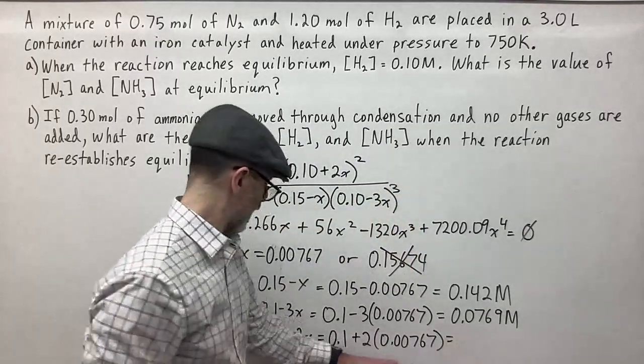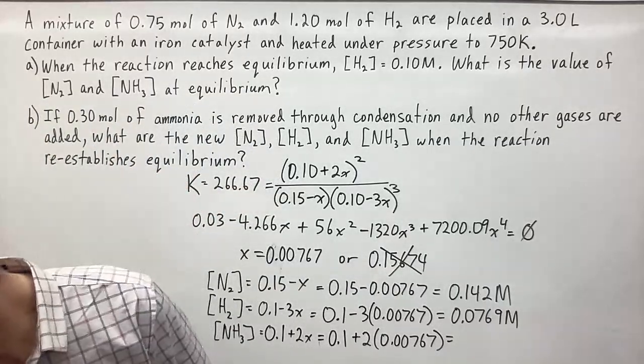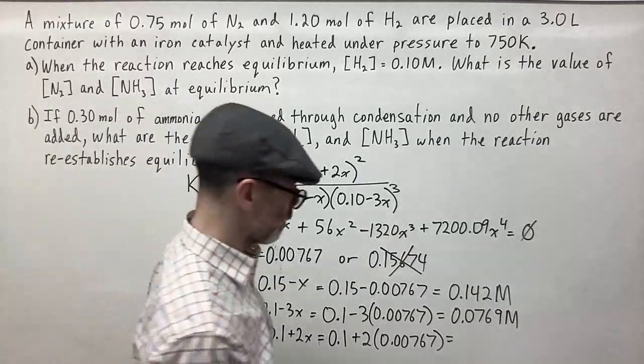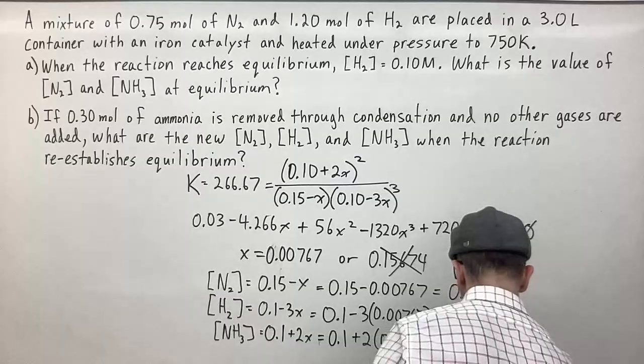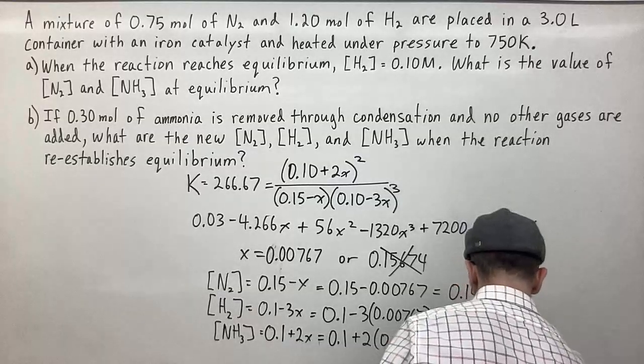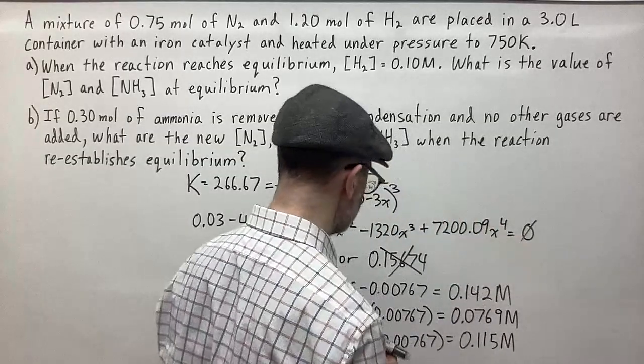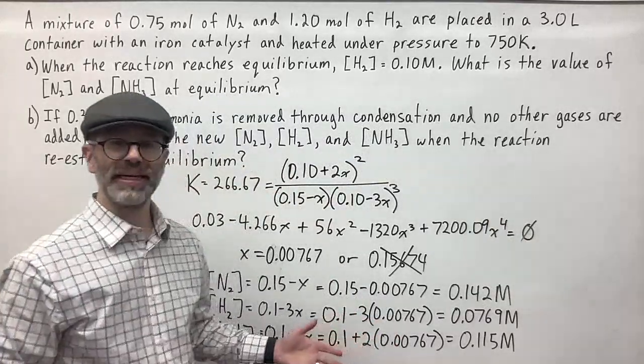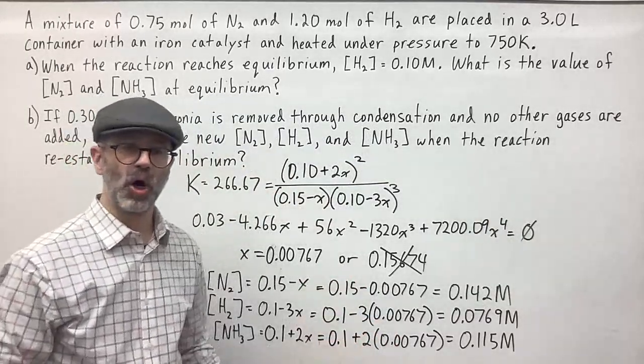And so when we add that together, we get 0.115. And that, ladies and gentlemen, is how you solve part B.